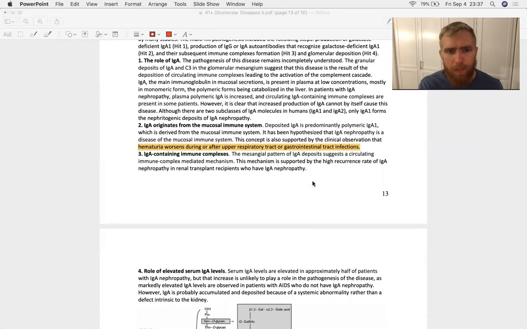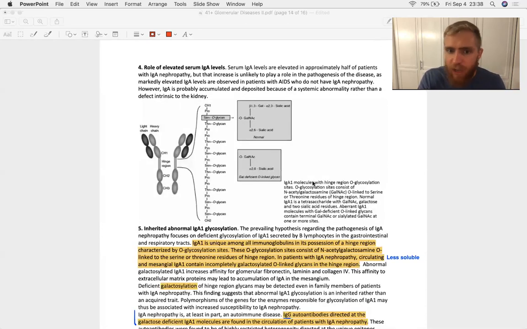Hematuria is the big symptom. It gets worse after a respiratory or GI infection, and the reason being is because whenever one of those two parts of the body gets infected, you start popping out more IgA. But the problem in this disease is the structure of IgA.